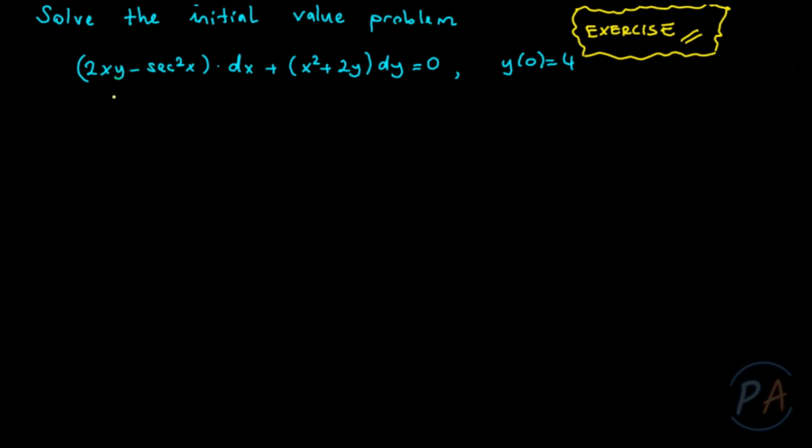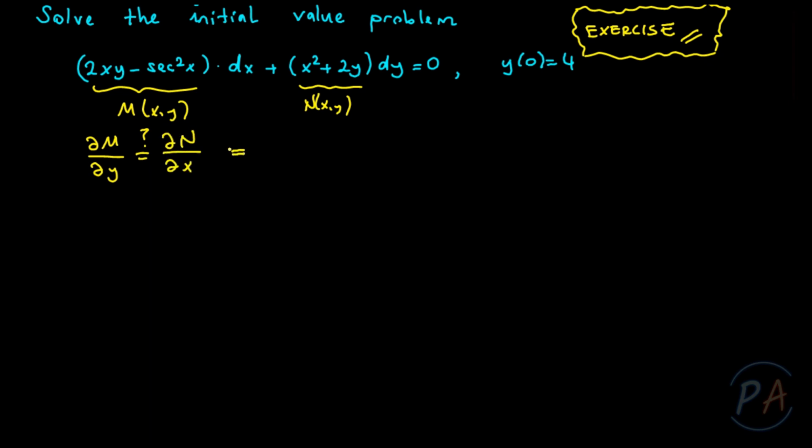First, let me name the coefficient of dx as M(x,y) and the coefficient of dy N(x,y), and let me check the exactness condition, that is, whether the derivative of M with respect to y equals the derivative of N with respect to x.